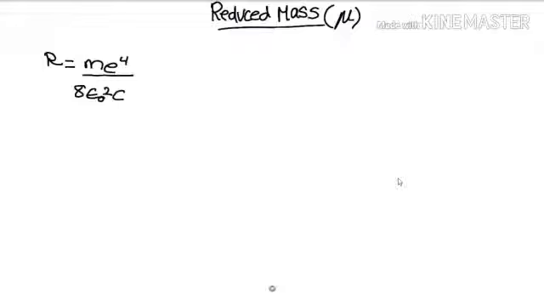When we find out the reduced mass, this m is changed. We substitute this m, we replace it with mu, which is the reduced mass of the atom.